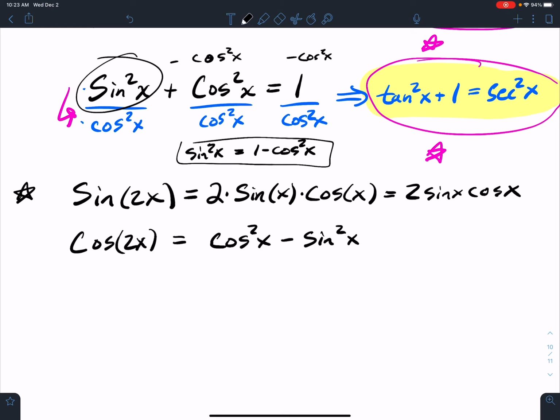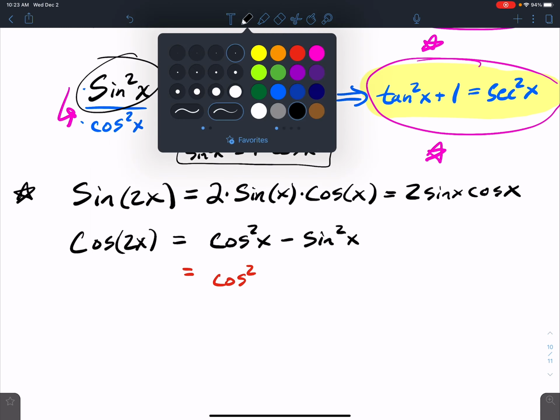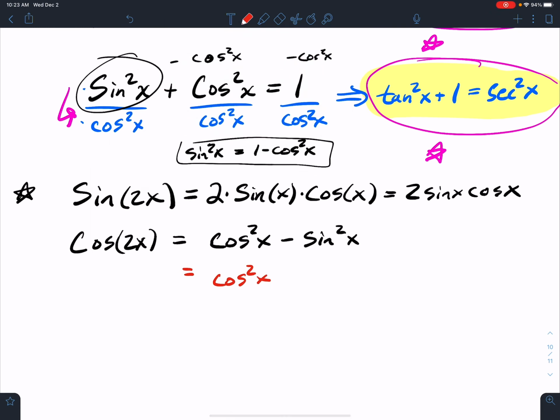That's from my Pythagorean identity. If I substitute that in, I get cosine squared x minus, in parentheses, 1 minus cosine squared x. And so this will simplify to 2 cosine squared x minus 1.